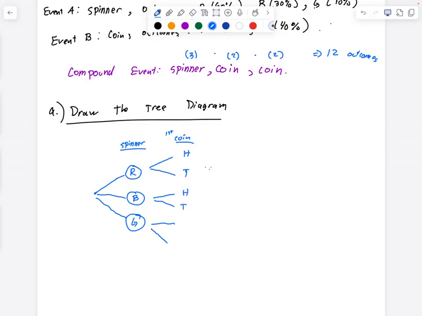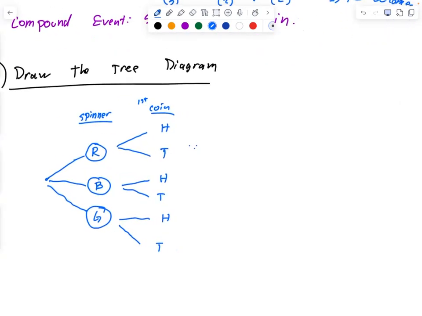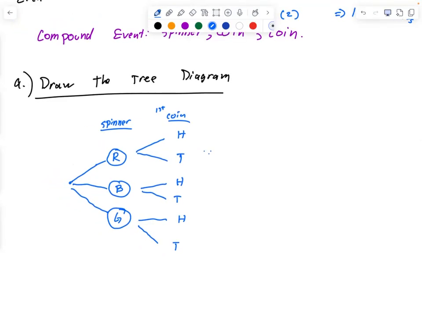But then there's a second coin toss. Heads, tails. So from each of these outcomes, we're going to draw two of them. This is the second coin, and it can be heads, tails, heads, tails, heads, tails, heads, tails, heads, tails, heads, tails.